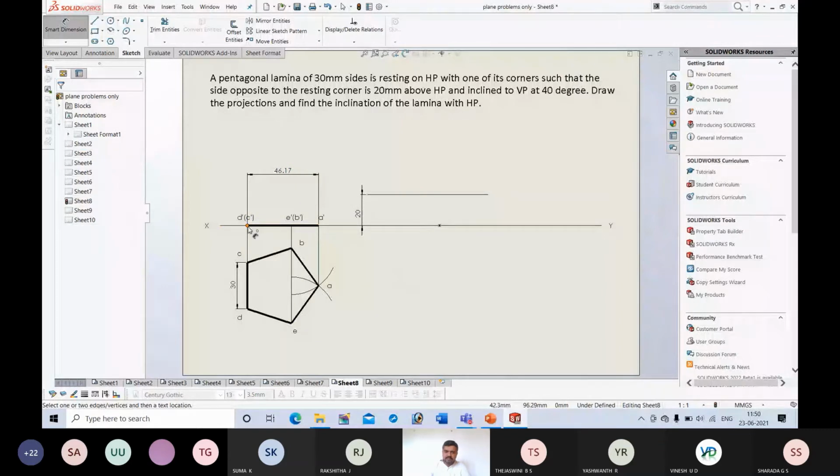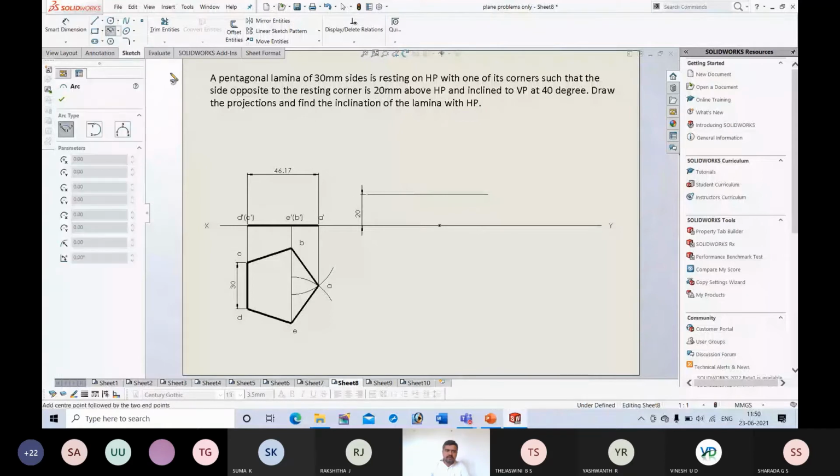Then take A dash as center and cut an arc. So choose any point on the XY line at a convenient distance. This will be A dash as center, and 46.17, the radial distance between A dash and D dash. So draw an arc.